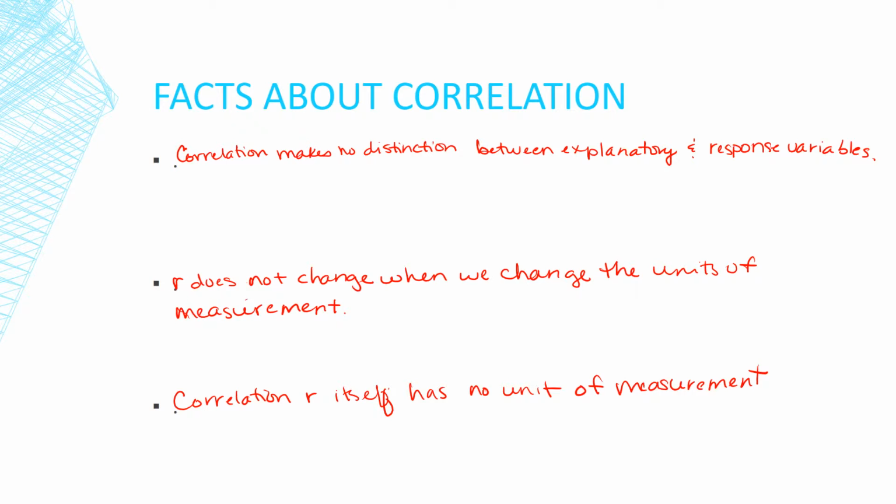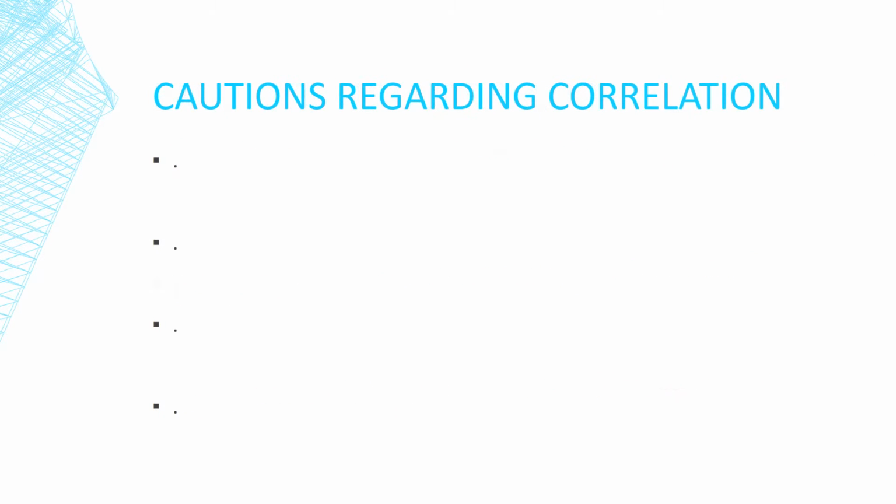All right, so next, regarding correlation, this requires that both variables be quantitative. If you don't have quantitative variables, then you don't have a scatter plot.